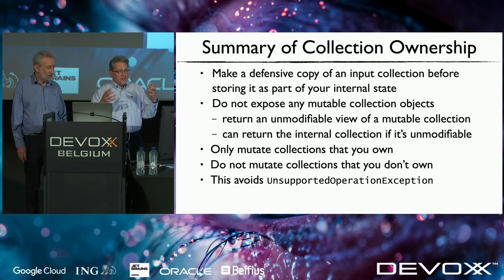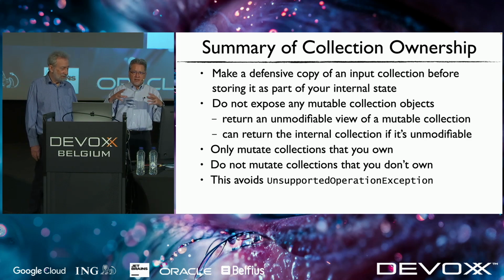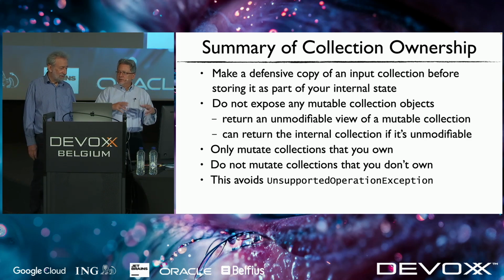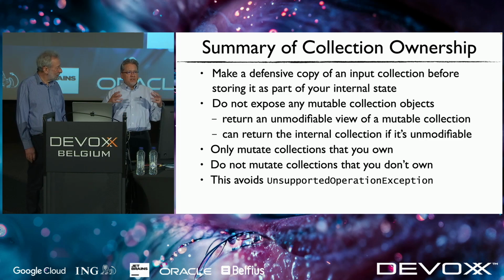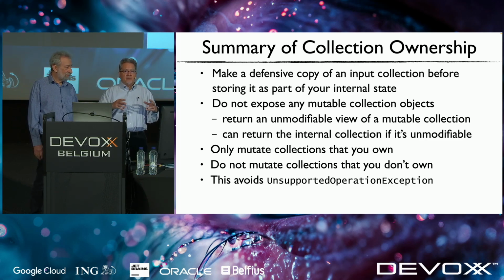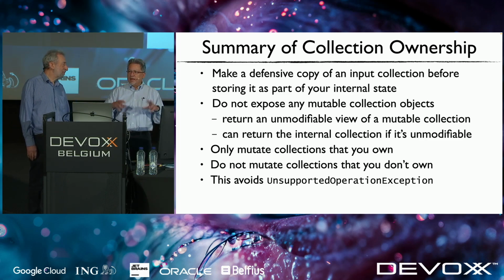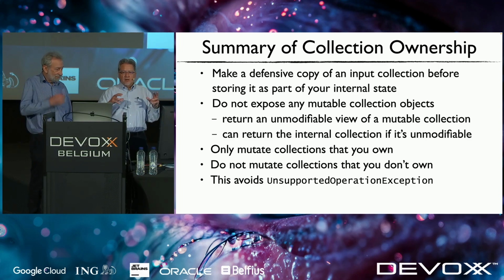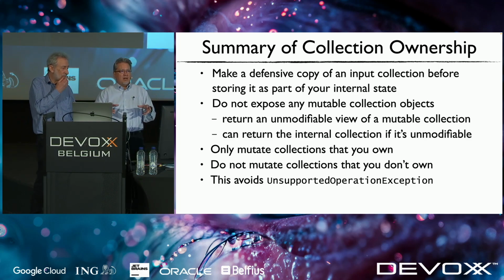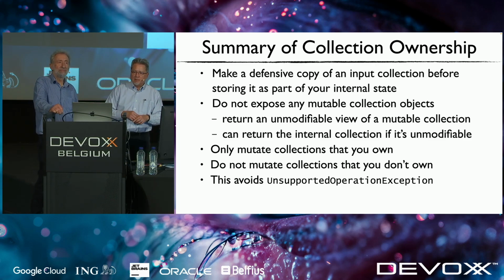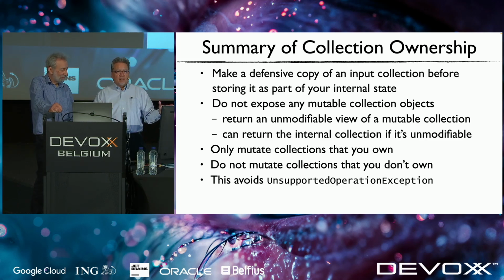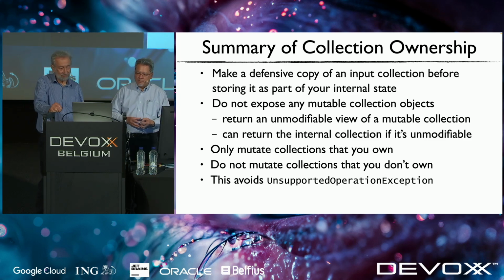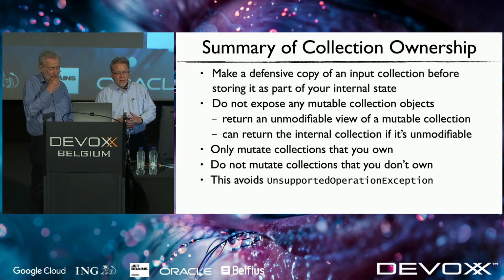The second thing is, if your object or record contains mutable components or fields, you need to make sure that you don't expose those to mutation in your getter or accessor methods. So if you have an unmodifiable view, like you have in collections, then you should wrap it up in an unmodifiable view. Now, if your internals are not modifiable, then sure, just hand out a reference to it, because that doesn't create any danger of somebody modifying it.